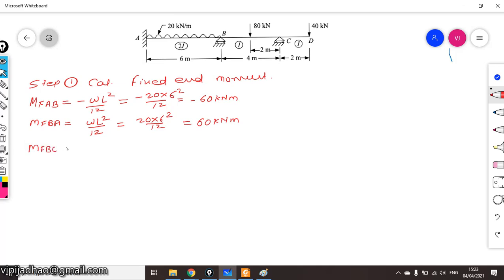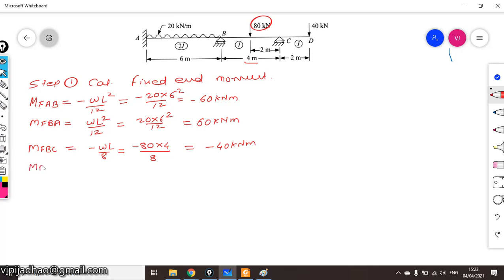Calculate the fixed end moment MFBC, that is for span BC. This will be equal to minus WL by 8. This is again a standard formula. We have here W equal to 80 kilonewton, therefore minus 80 into 4 divided by 8, where 4 is the span. So this will be equal to minus 40 kilonewton meter.